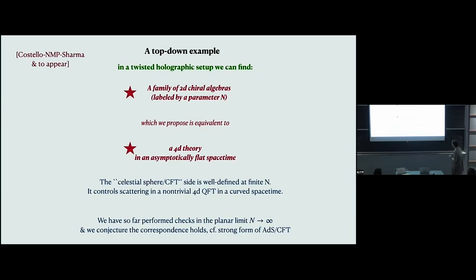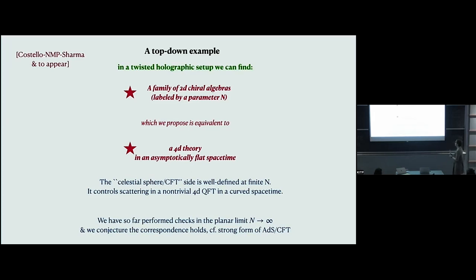And so I just want to emphasize that in contrast to the examples I was talking about so far with self-dual Yang-Mills or self-dual gravity, where we can characterize things classically, or if they're twistorial, for example, at the first few non-trivial loop orders, here everything is well defined at finite n. We have a totally bog standard chiral algebra, which we claim controls scattering in an interesting four-dimensional quantum field theory on a curved spacetime.